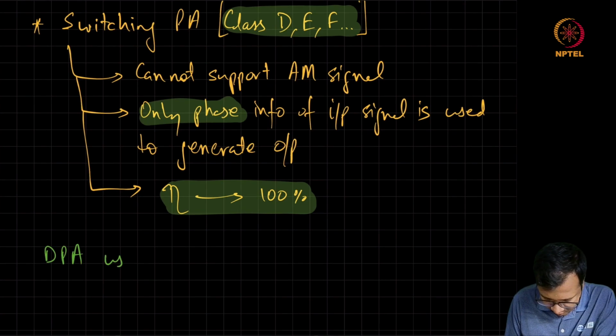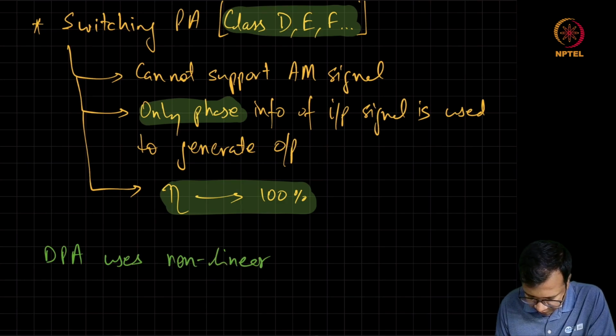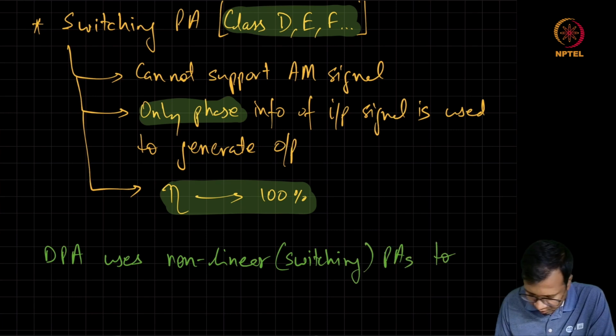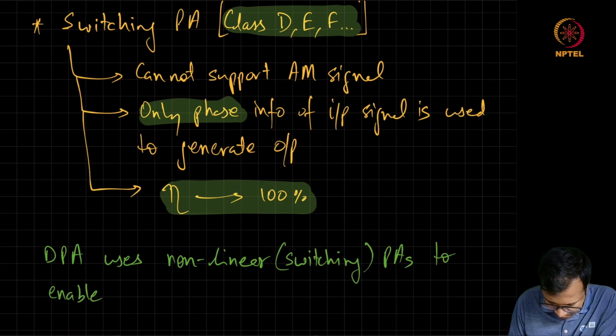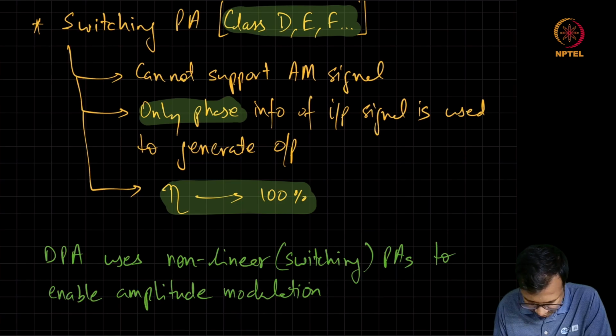Digital PA uses non-linear switching PAs to enable amplitude modulation and bring in high efficiency.